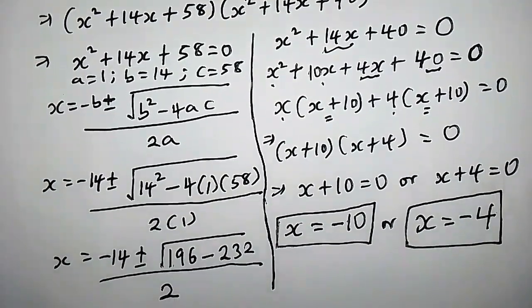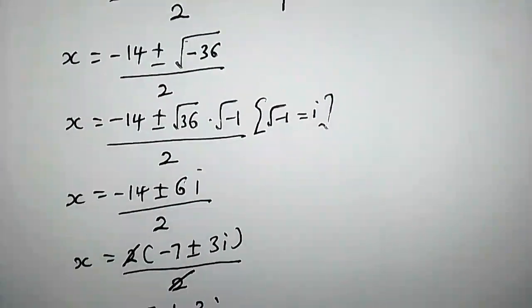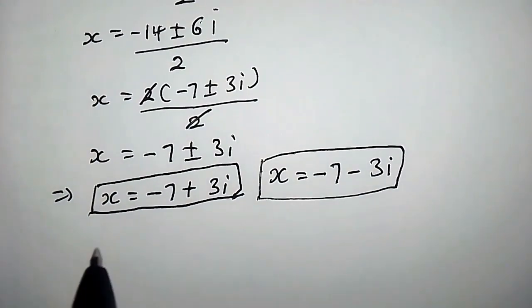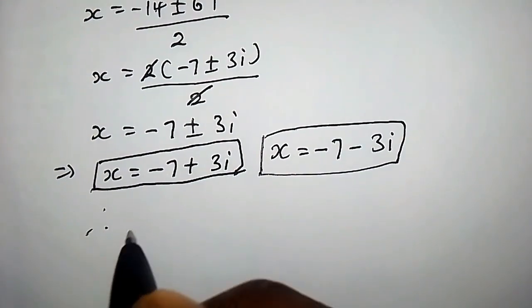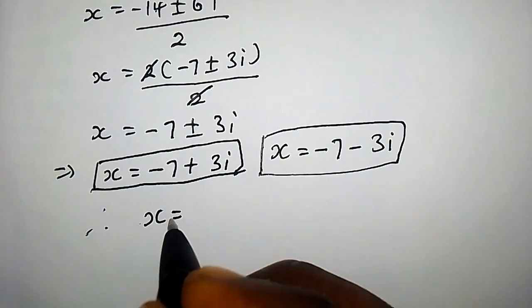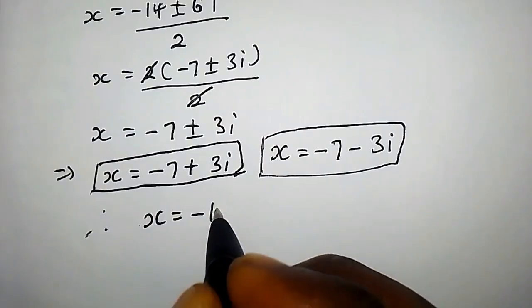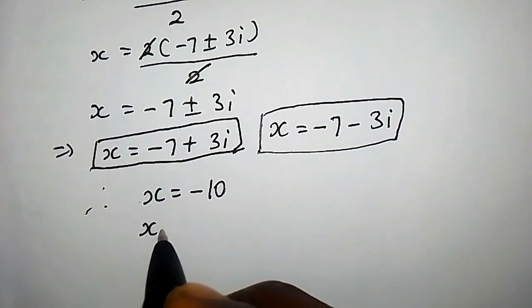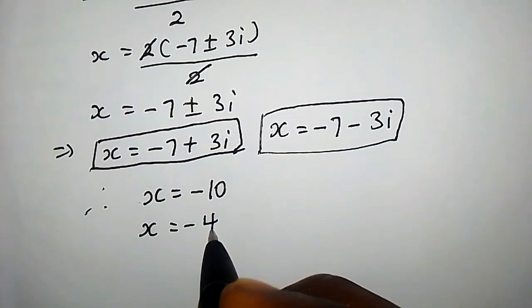That means all the solutions that we have for this equation are, starting from the real solutions, x equals minus 10, and x equal to minus 4.